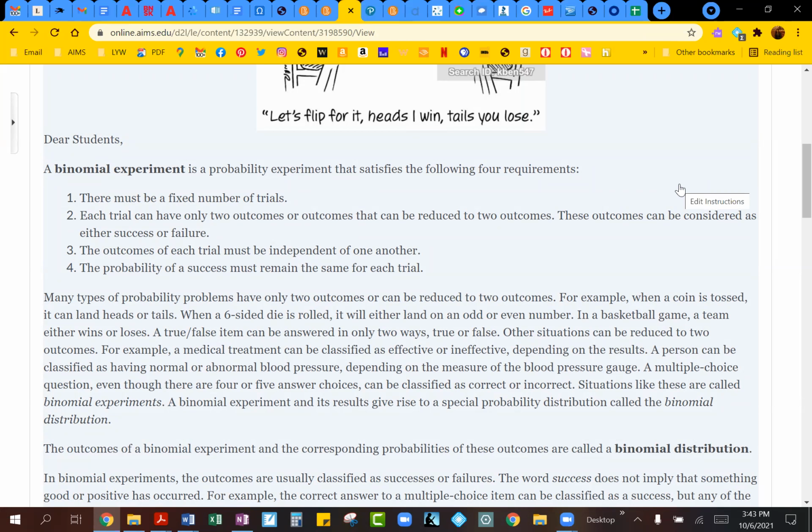Additionally, the outcomes of each trial have to be independent of each other, which means, if you're rolling a die, flipping a coin, the one roll, the one flip cannot affect the second time you do it, right? So each event has to be independent, and your probability of success for each has to remain the same.